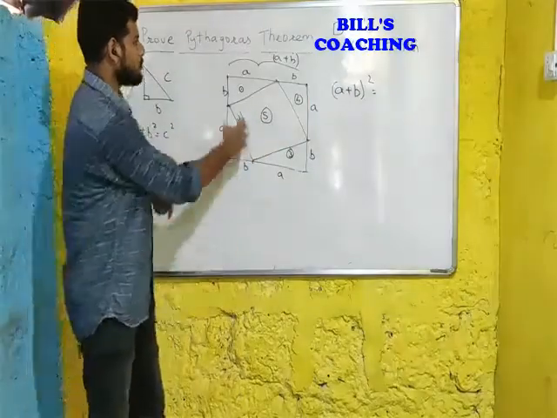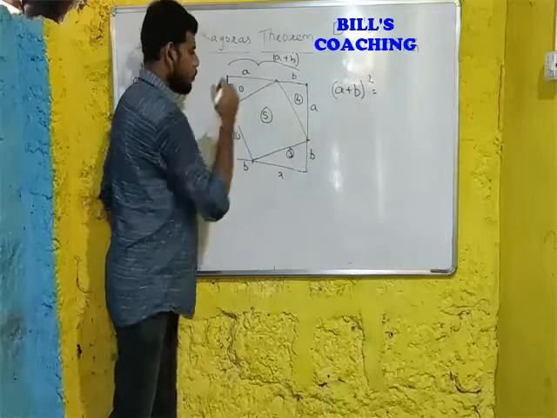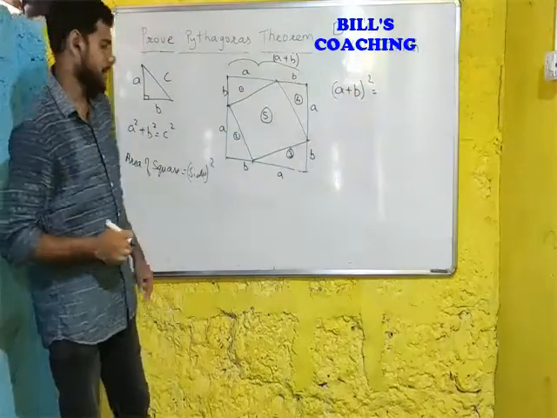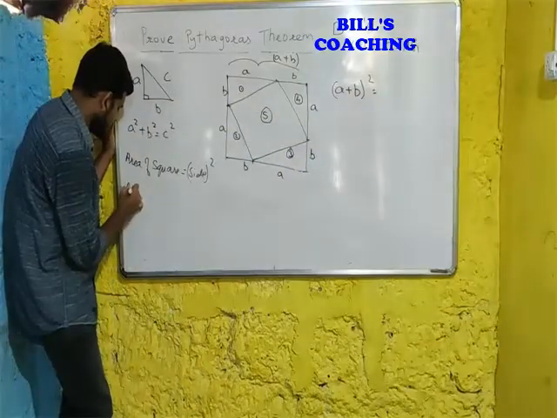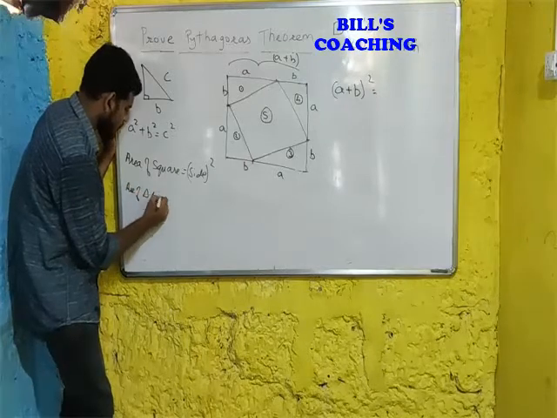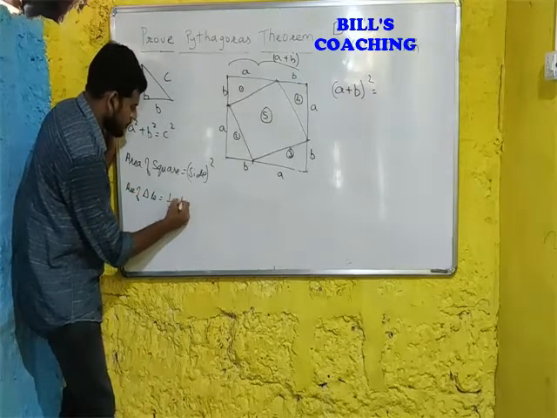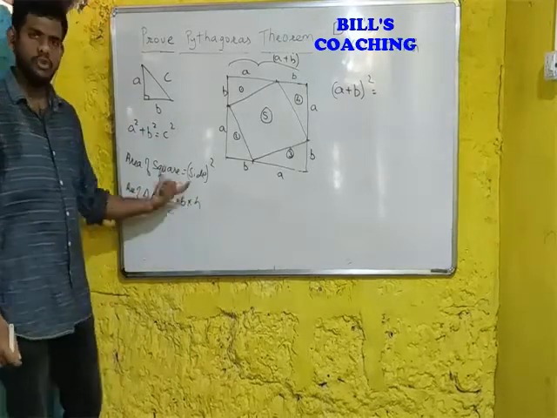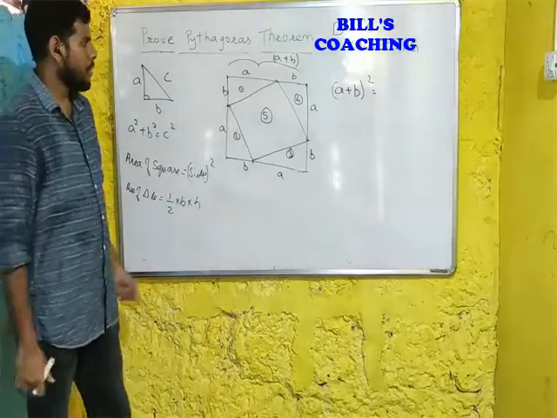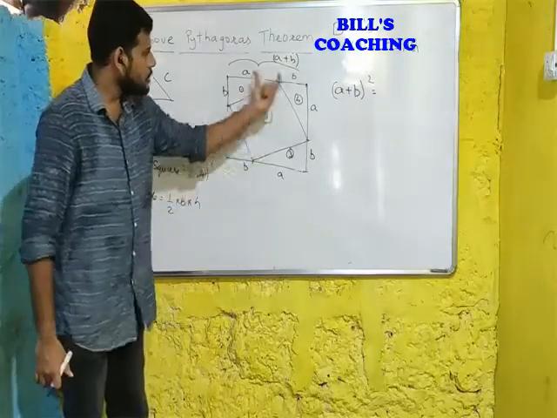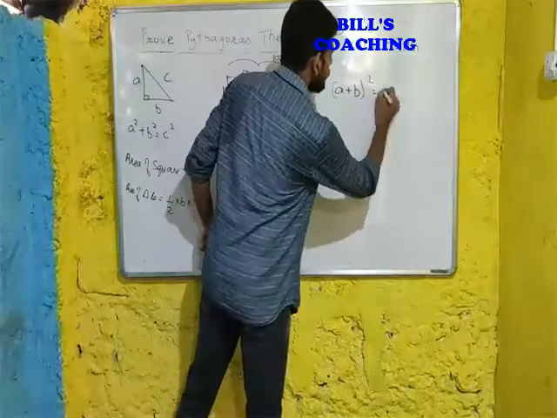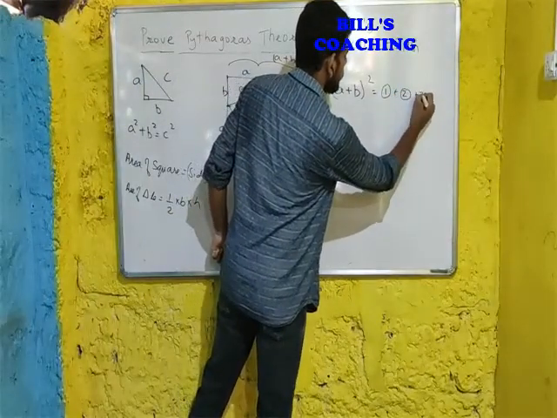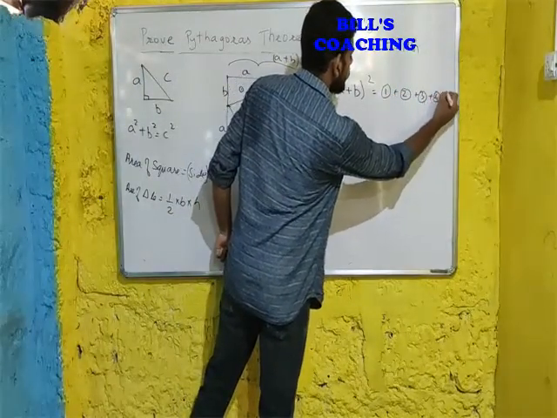These 1, 2, 3 and 4 are right angle triangles. The area of a triangle is equal to half into base into height. This formula we already know. Now I'll write that the total area is the sum of all these areas, so 1 plus 2 plus 3 plus 4 plus 5.